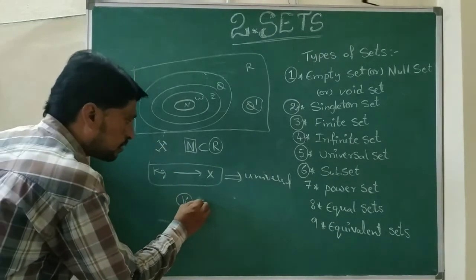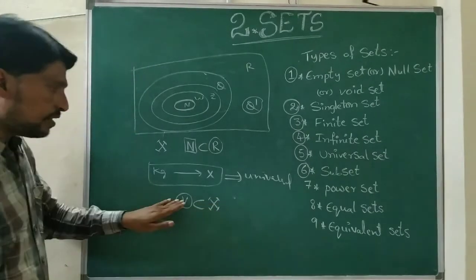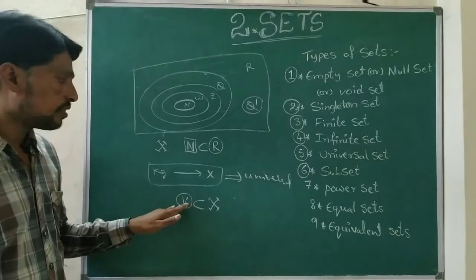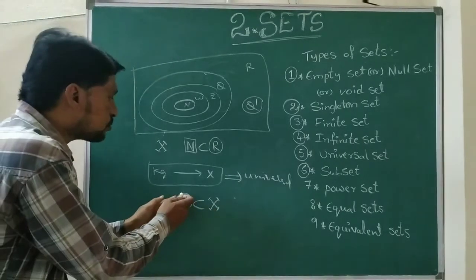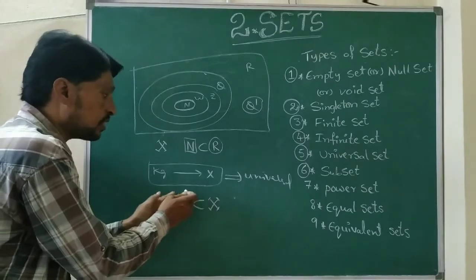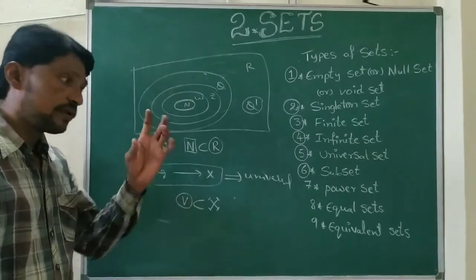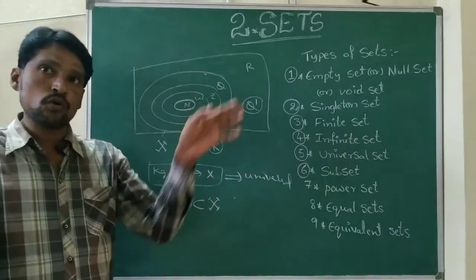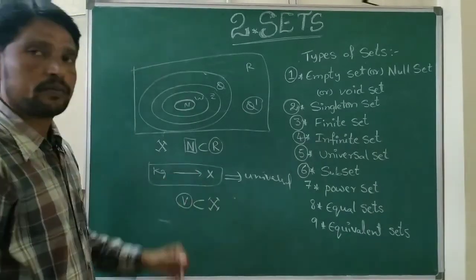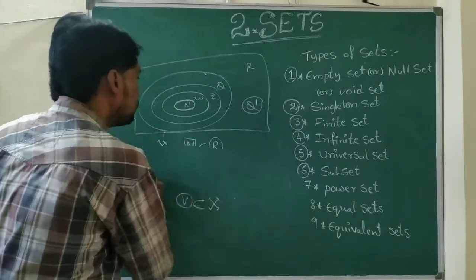Class 5 is a subset of school X. The 5th class students are a particular set, and that is a subset of the whole school. That is the subset.